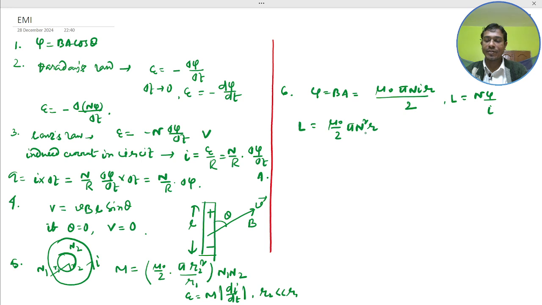And the self inductance of a solenoid. Next one, self inductance of a solenoid.